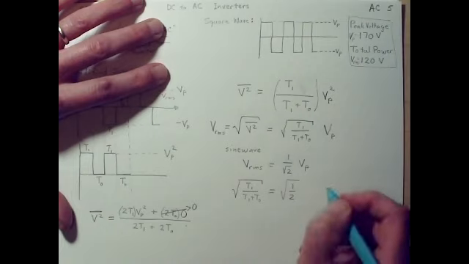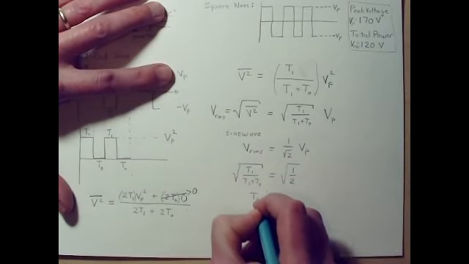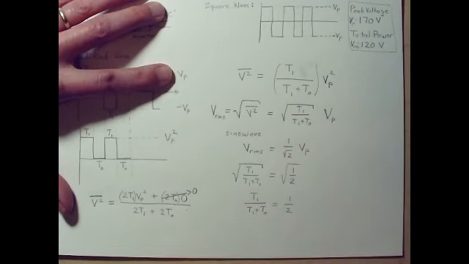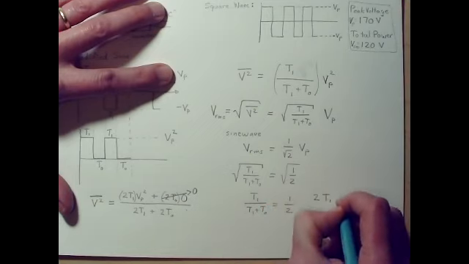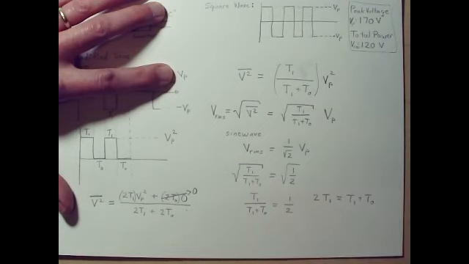Now you can square both sides, and what would you have? You'd have T1 over T1 plus T0 equals 1 over 2. And now to solve this, I think most of us would cross multiply. So this way you'd have 2T1, and the other way you'd have T1 plus T0.